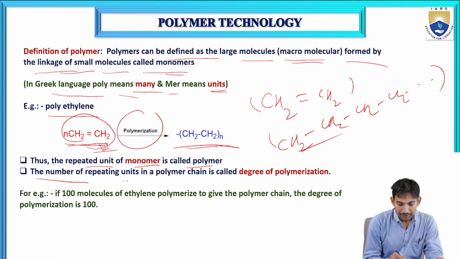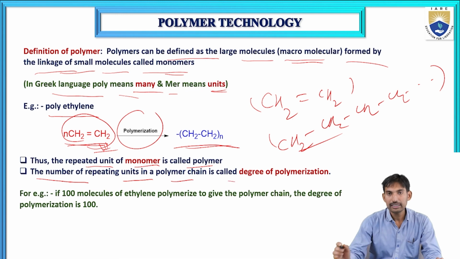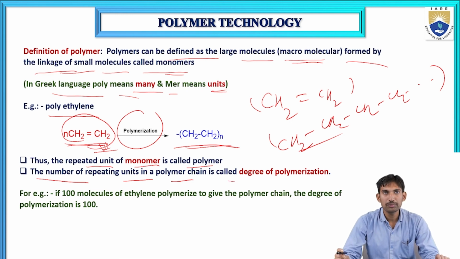The number of repeating units in a polymer chain is called the degree of polymerization. What is the degree of polymerization? How many times the monomer repeats, that number is called the degree of polymerization.